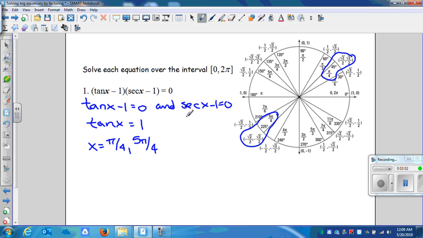Second equation, we isolate the trig function and we get secant x equals 1. We're going to work with the reciprocal rather than secant, so the reciprocal of secant is cosine. And of course the reciprocal of 1 is still 1. So the cosine of x equaling 1 occurs only at quadrantals, and that occurs on the unit circle where x is 0.